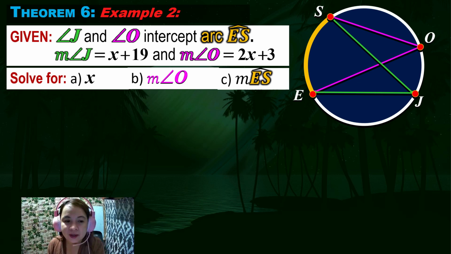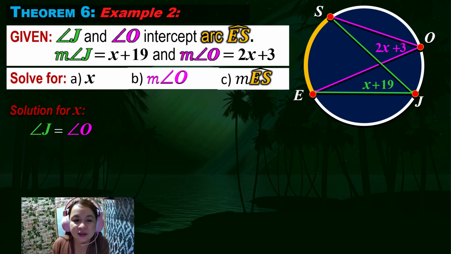So, paano ba yon? Tandaan natin na ang sabi nga ng theorem number 6, kapag iisa lang ang intercepted arc ng dalawang inscribed angle, ibig sabihin, ang dalawang inscribed angle na yon ay congruent or they are equal. So, i-equate natin yon.